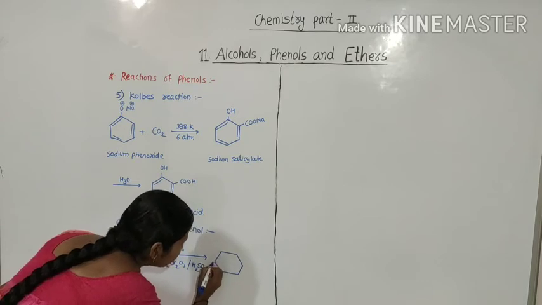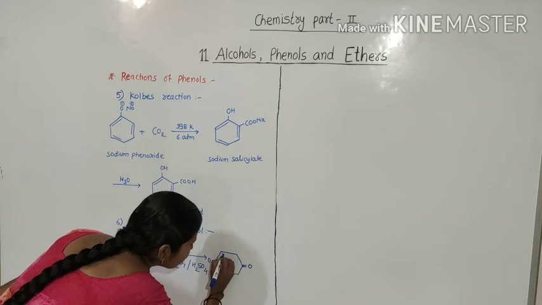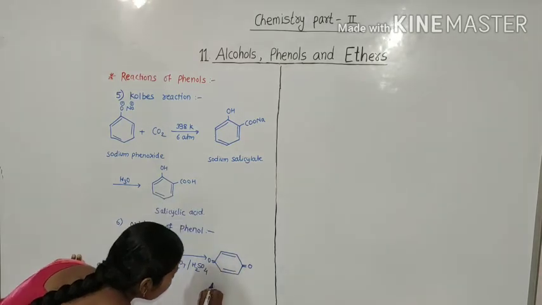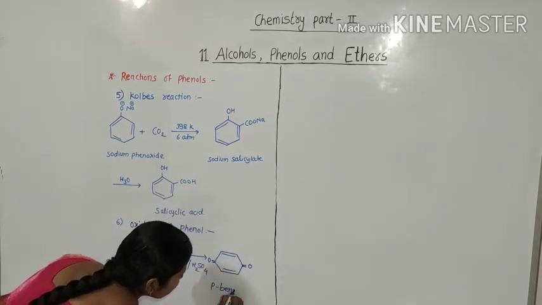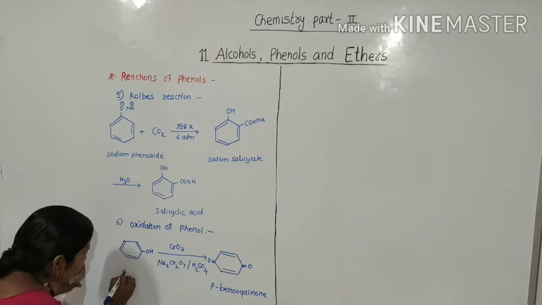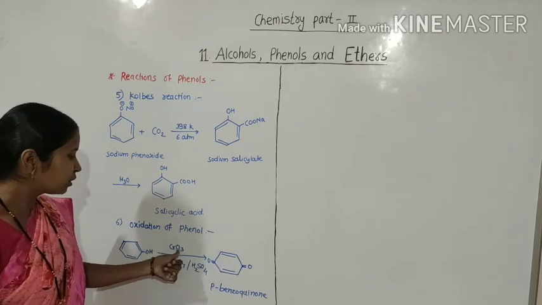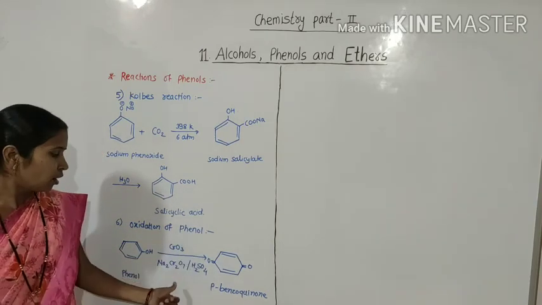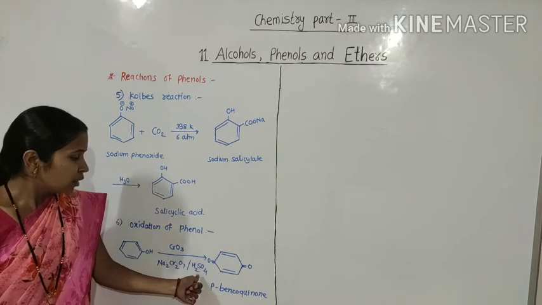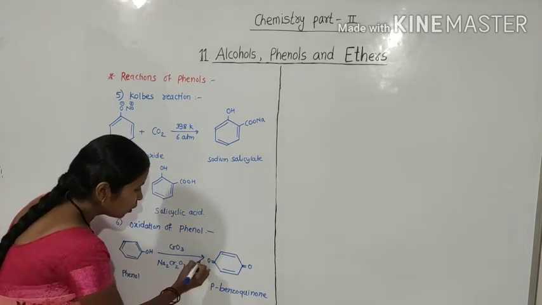See the reaction, double bond O. This is the parabenzoquinone obtained from phenol. Let's see again. Phenol on oxidation with chromic anhydride or sodium dichromate in presence of sulfuric acid forms parabenzoquinone.